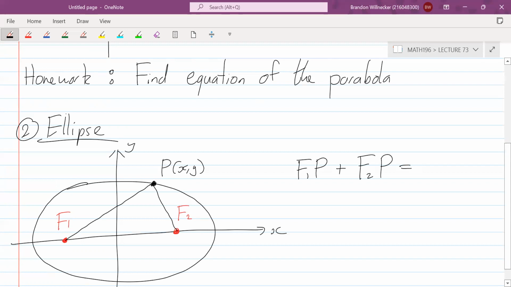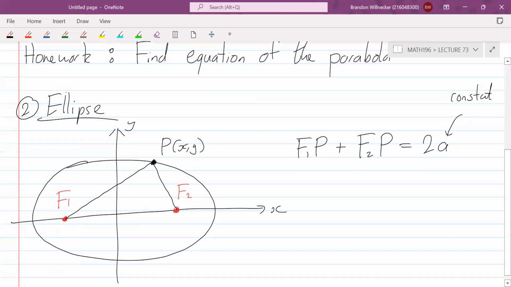We're going to be looking at ellipses more next time. But if we say that this constant is 2a, where a is a constant, then we can use this fact to find the equation of an ellipse.